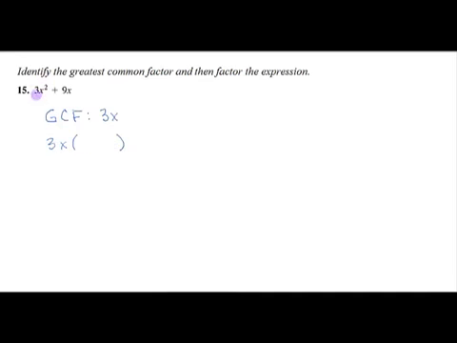So let's go ahead and divide. 3x squared divided by 3x. So we're thinking over here 3x squared divided by 3x. The 3 cancels completely. X cancels one of those, so we simply have an x left. Now if we hit multiply back, x times 3x is 3x squared.